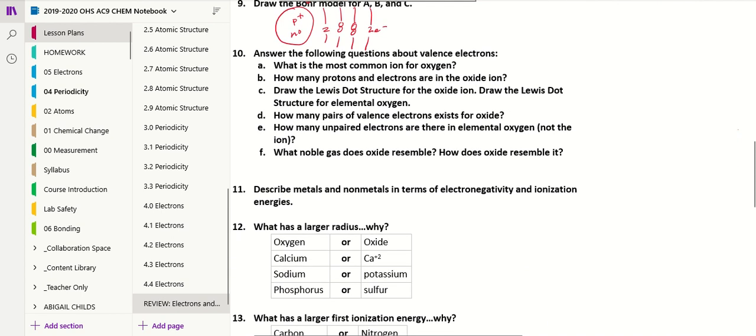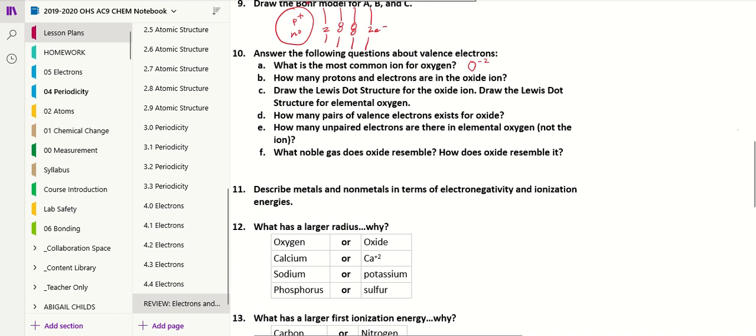All right, number 10. Most common ion of oxygen. Is oxygen going to gain or lose electrons? It wants to gain to be like what noble gas? Neon. So it has 8 electrons. How many does it have to gain? 2. So O negative 2 is the most common ion.